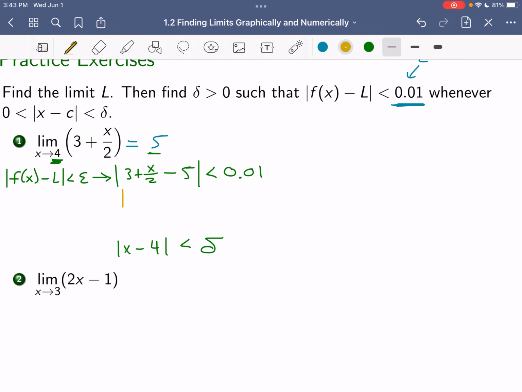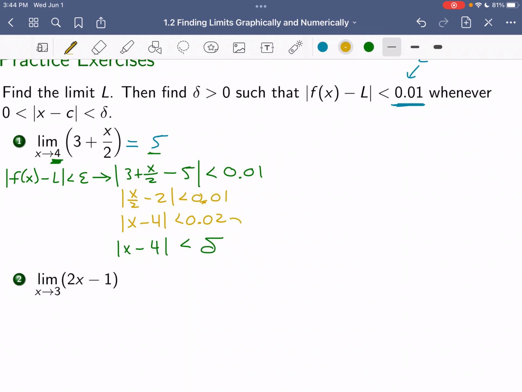If we just do some algebra here inside this absolute value, we have x over 2 minus 2 is less than 0.01. And if we were to multiply both sides by 2, we have x minus 4 is less than 0.02.